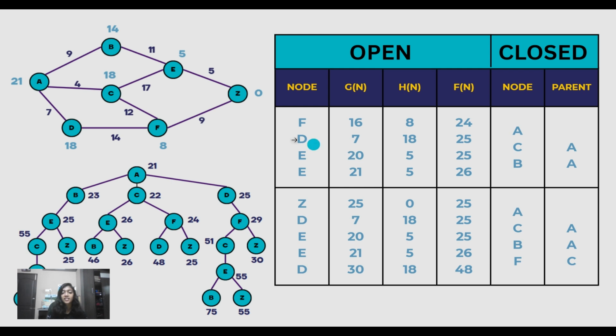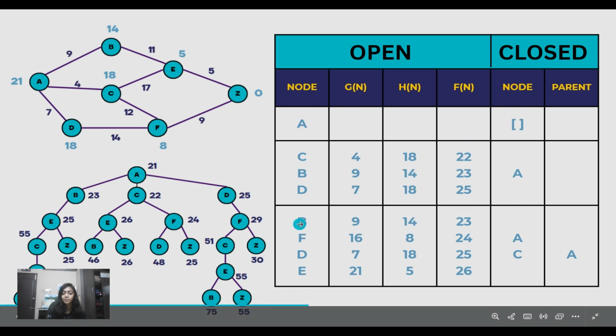E has a g of n of 20 because we have to take the path from A to E through B. So A to E through B will have cost function as 9 plus 11, which is 20, and E has a heuristic value of 5. So 20 plus 5 will give f of n as 25. And the other three nodes will be taken from the previous step.